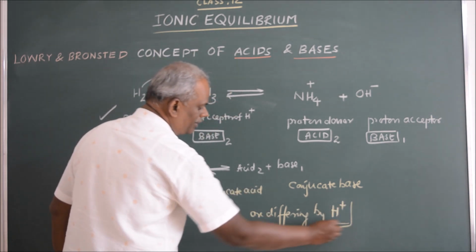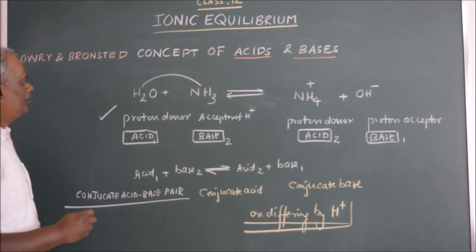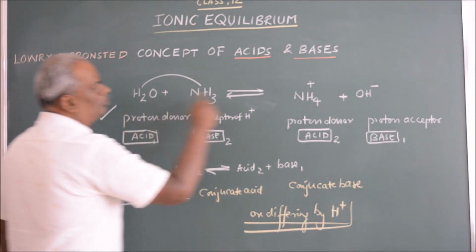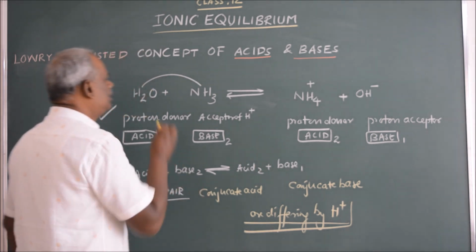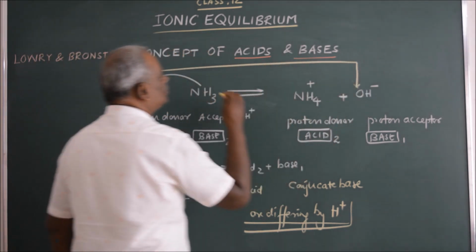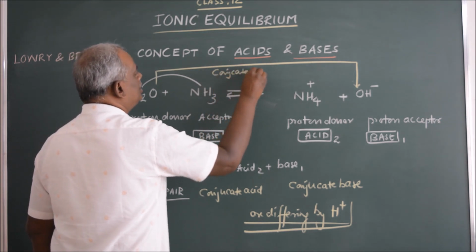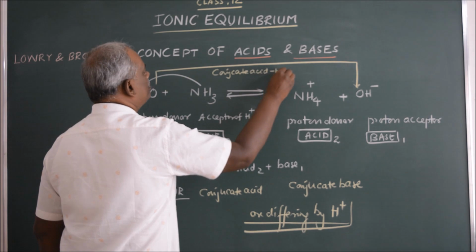This must be the difference between the conjugate acid and base. So see the H2O and OH minus, they are differing by hydrogen plus, so that we can say these two are the conjugate acid-base pairs.